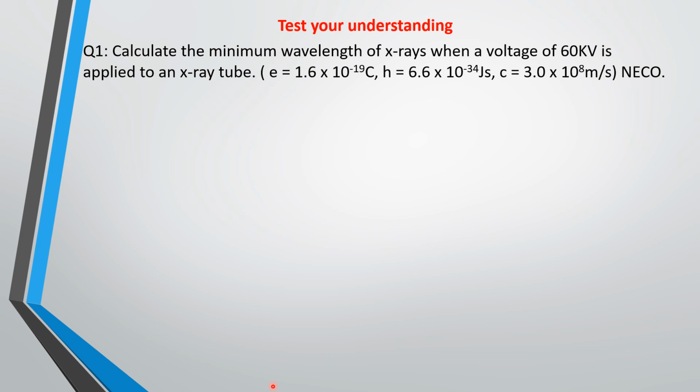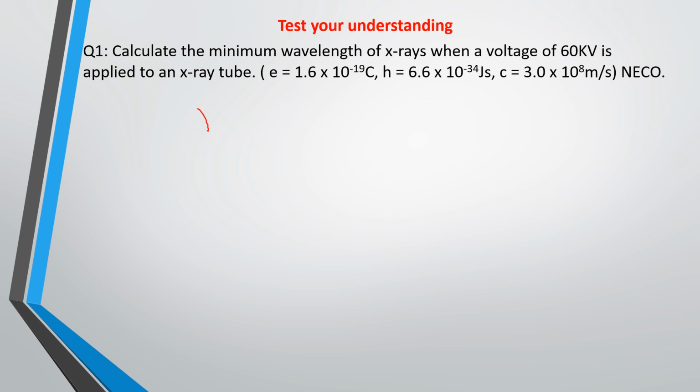The only thing I will let you know is that to solve this problem, you are given the voltage of the X-ray. You have the voltage, the charge of the electron, the Planck constant, and the velocity of light. Once you have all these variables, you know the two equations that we derived just now.